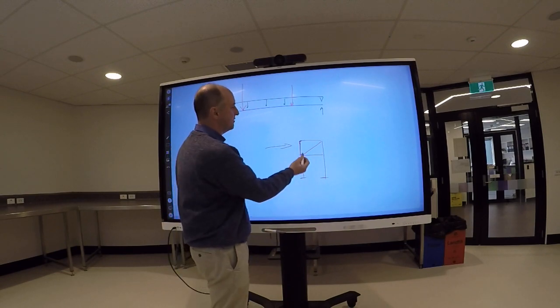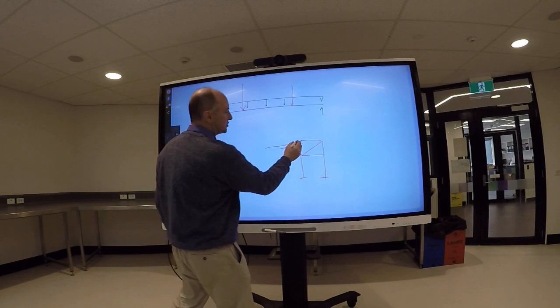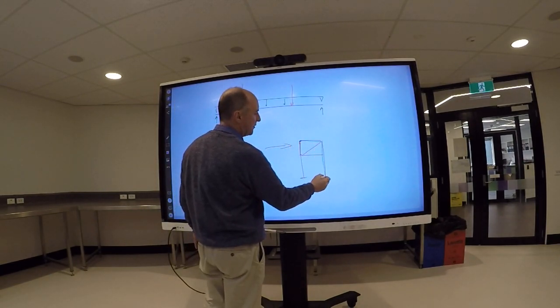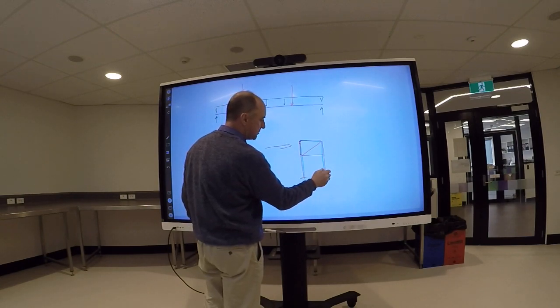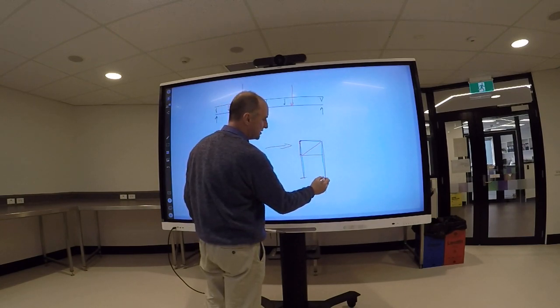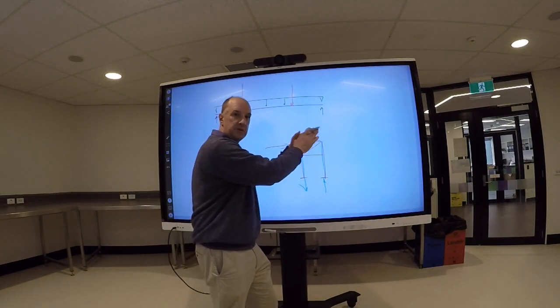Okay, you've got to say, all right, that load actually goes down here and then down that way into there, and this bit of load goes down that way into there. You end up with something pushing. The earth is going to resist by pushing up there and down there. Okay, imagine that tipping over.